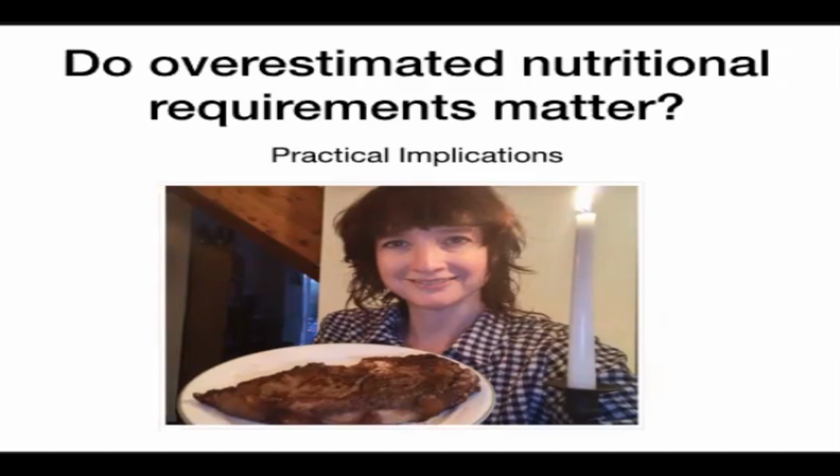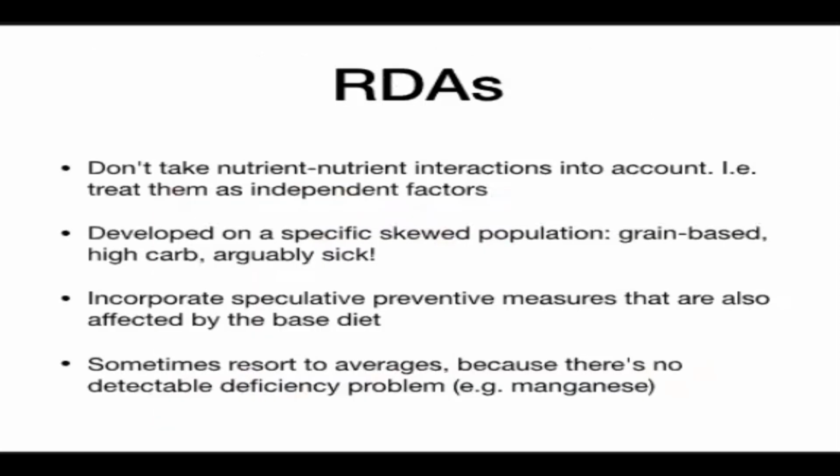One of the reasons is that RDAs don't take nutrient interactions into account. One of the reasons is that RDAs were developed on a skewed population, a high carb population, a grain-based population, and arguably a sick population. They also are incorporating preventive measures for diseases that happen in people eating high carb diets.